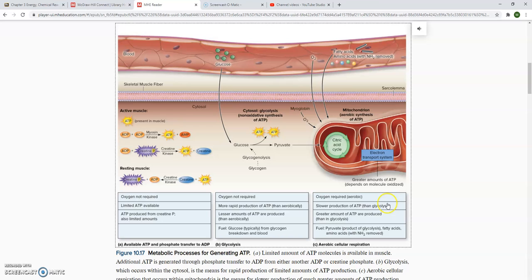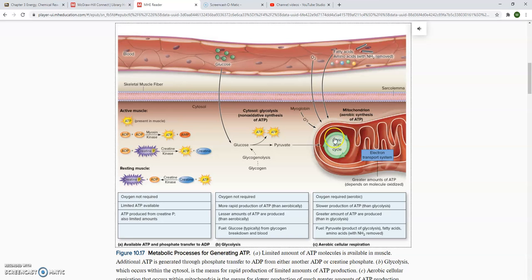All right. So when we talk about aerobic cellular respiration, it can be pyruvate from glycolysis that is the product that enters this citric acid cycle and then electron transport chain.